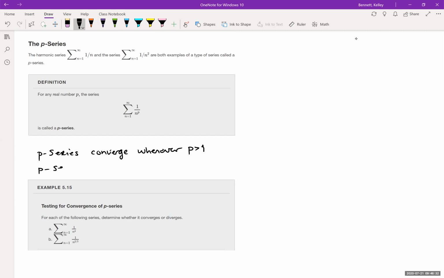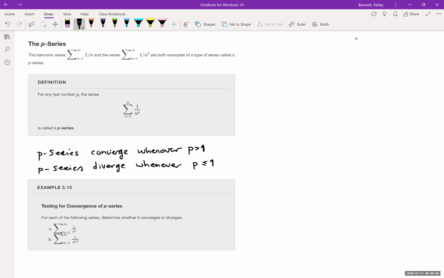And we also know that P series diverge whenever P is less than or equal to 1. So this is just something that you'll have to store in your mental arsenal.